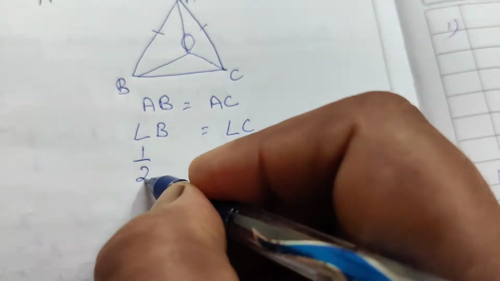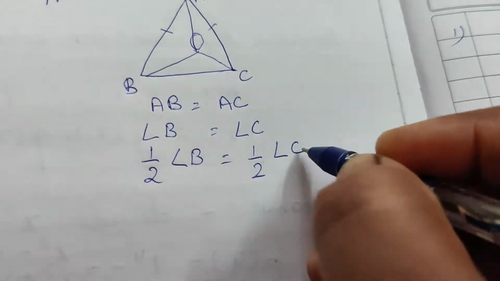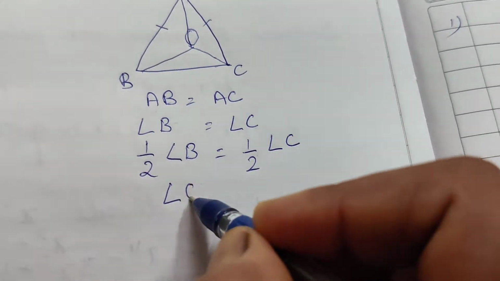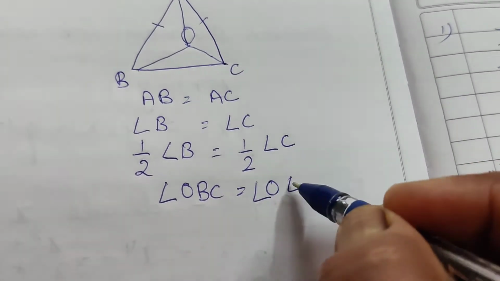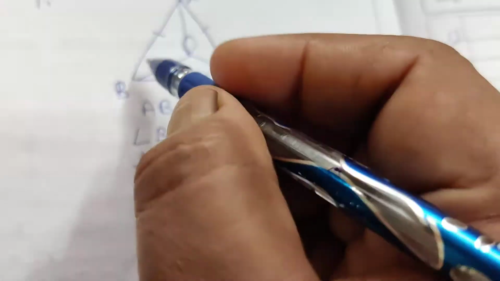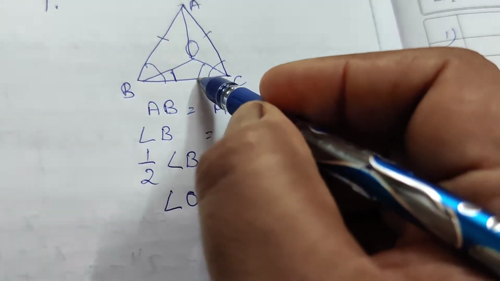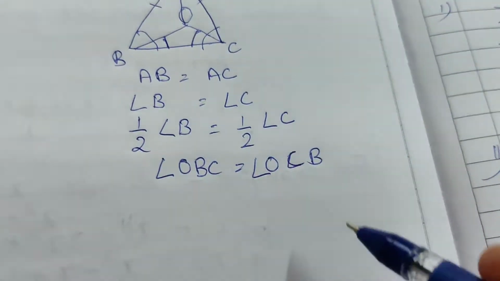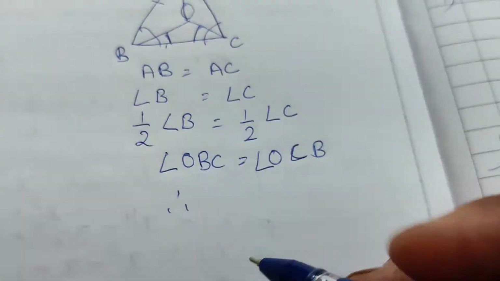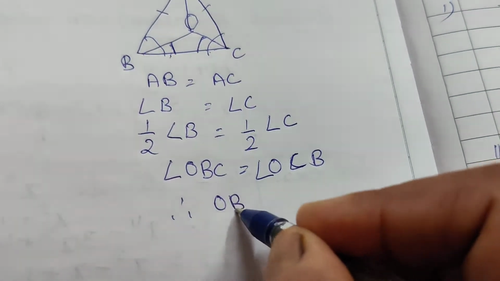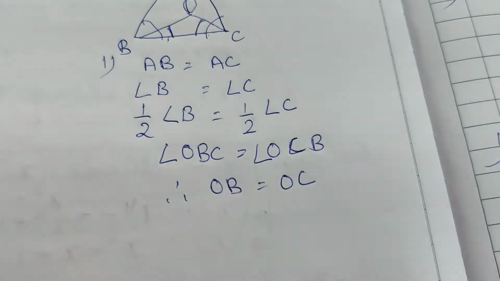Then the bisectors of angle B and angle C mean half of angle B equals half of angle C, so angle OBC equals angle OCB. Therefore, if two angles of a triangle are equal, the opposite sides are equal. OB equals OC. This is the first part of the question.